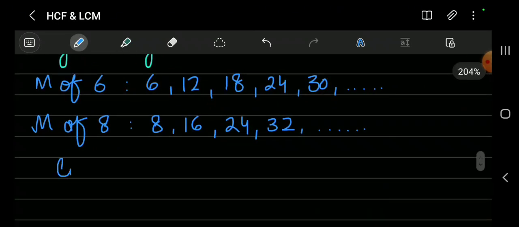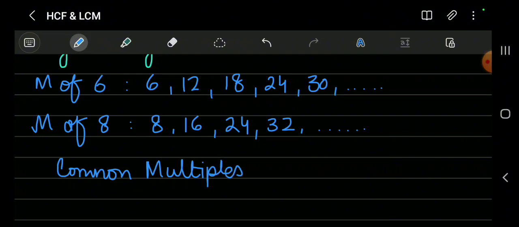If you want to know about common multiples, you need to check which numbers are common in both. Like the multiples that we wrote, we only wrote 4 to 5 multiples. So out of them, the only common multiple is 24.